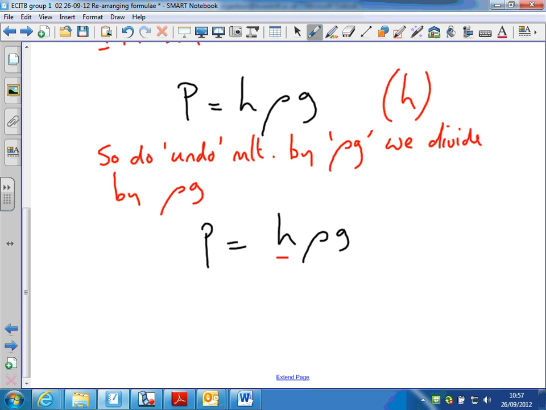Divide by rho G. And if you think about it, dividing by rho gets rid of the rho. Look, they cancel each other out. I could cancel out the rhos. Dividing by G gets rid of the G. I can cancel out the G's. So that's how some people think of it. If I divide by rho, I'm cancelling it. If I divide by G, I'm cancelling it. I like to think of it as I'm undoing the step. I'm undoing multiplied by rho by dividing by rho.